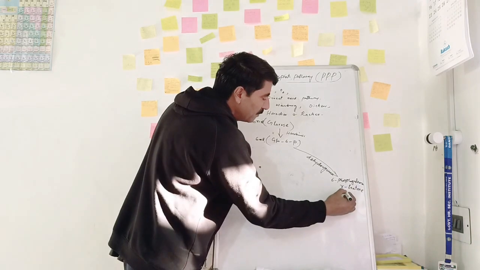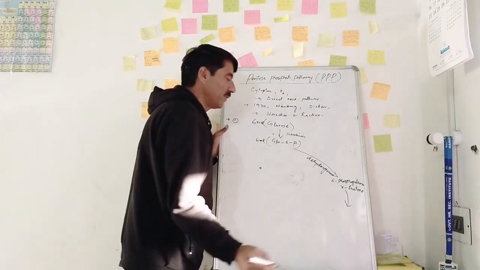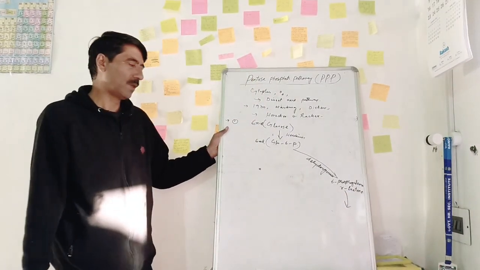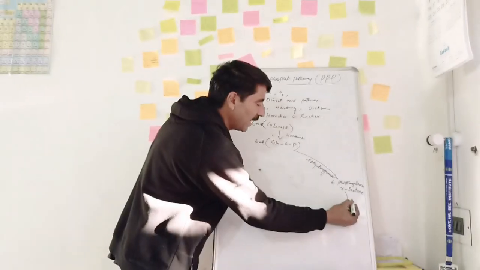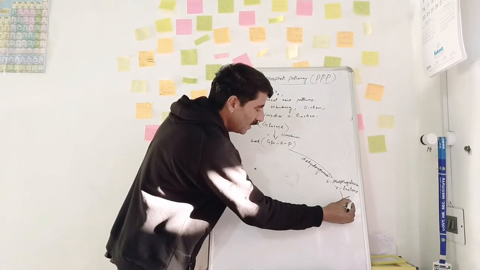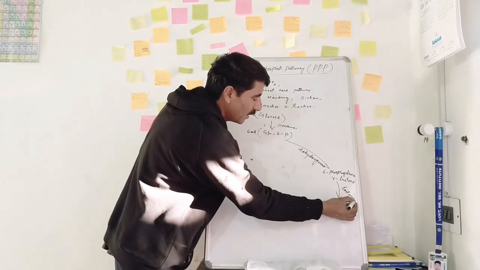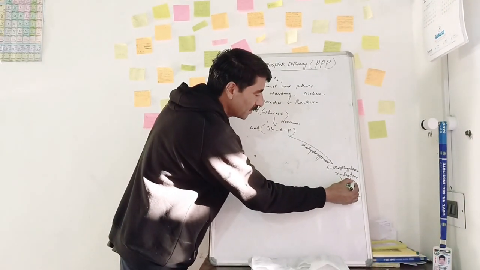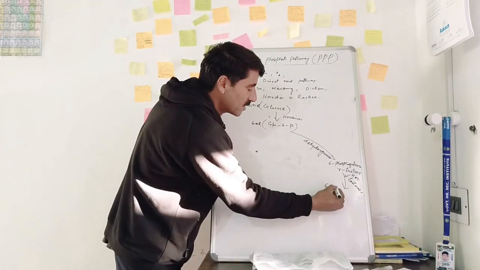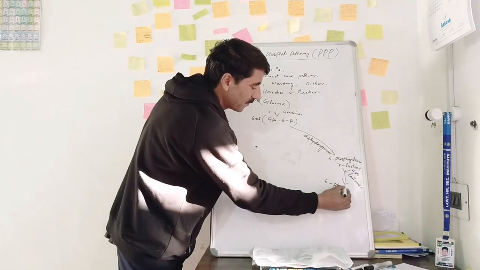This intermediate compound is formed only for a brief time, and immediately it is converted by the enzyme lactonase, in the presence of water, into 6-phosphogluconic acid.